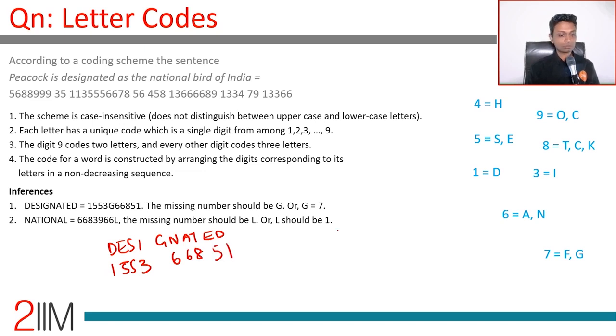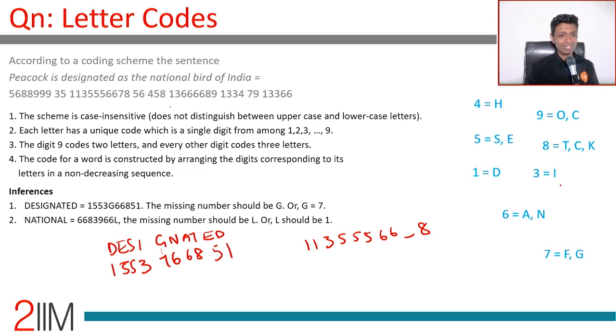D is 1. If we reorder this, 1, 1, 3, 5, 5, 5, 6, 6, dash 8, or G, the missing letter should be 7. 7 is G. We already have 7 for F, so 7 is for F and G.